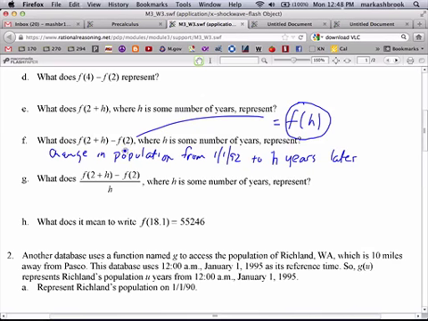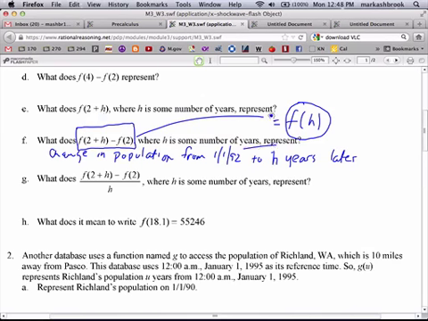They're both h years long, but this one starts when? 1990. It's just the population h years after 1990. This is the change of population over an h year period starting January 1st, 1992. Totally different. So it's not the same.